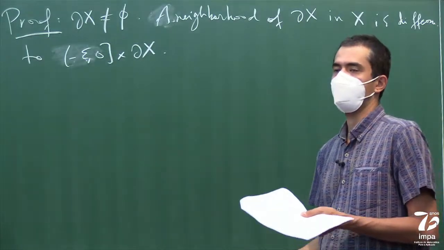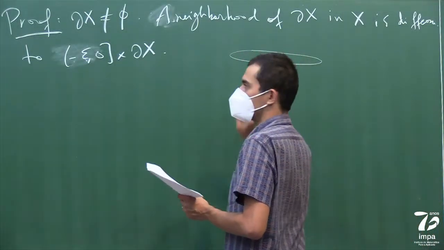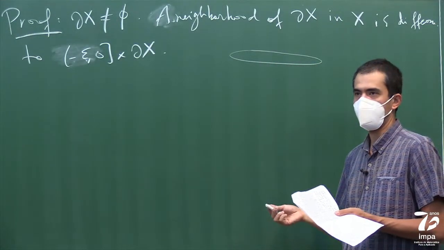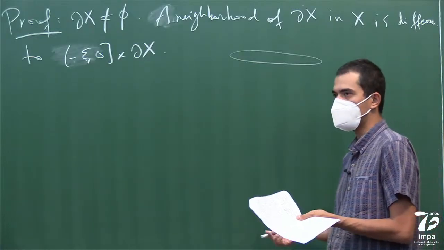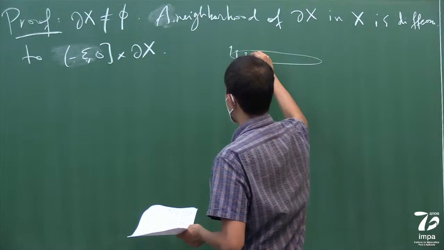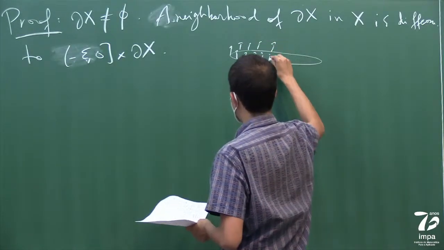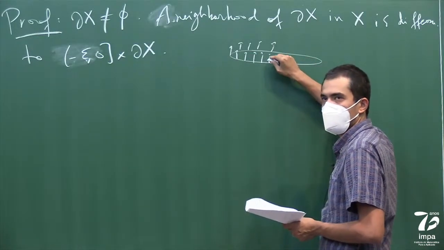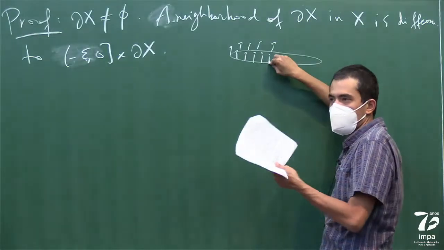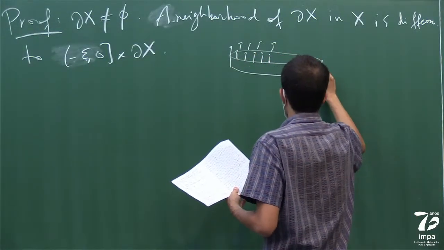And how do you do that? You can, for example, use that there exists an outward normal or inward normal pointing vector field. I kind of explained how to do that. If you choose a Riemannian metric, then you can choose a vector field that's, say, outward normal. And now you can integrate that vector field, integrate it backwards into the manifold. And that will give you a little collar.